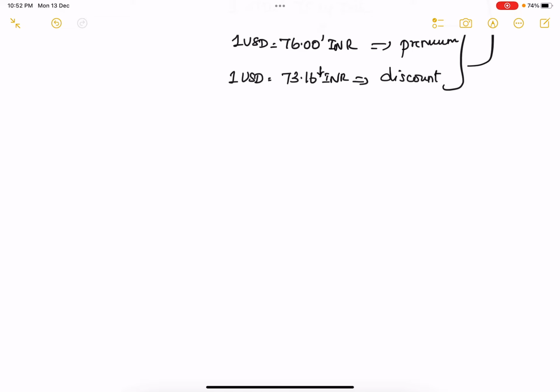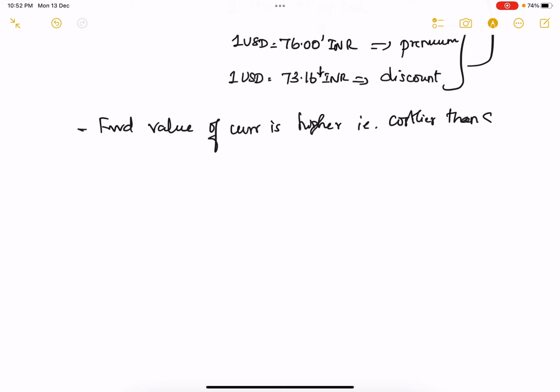Let me give you a better example. If forward value of currency is higher, that is costlier than spot value, then the currency is premium.